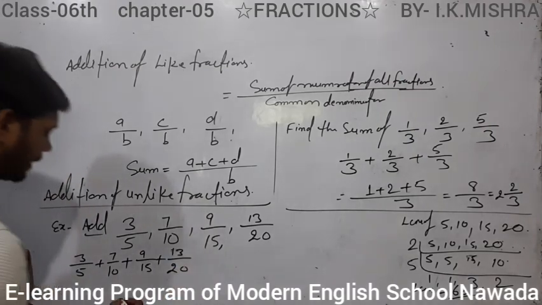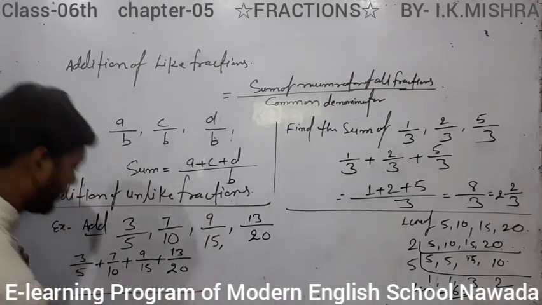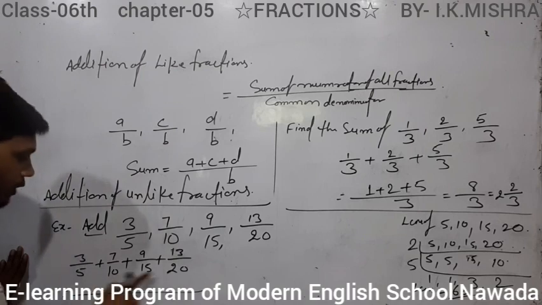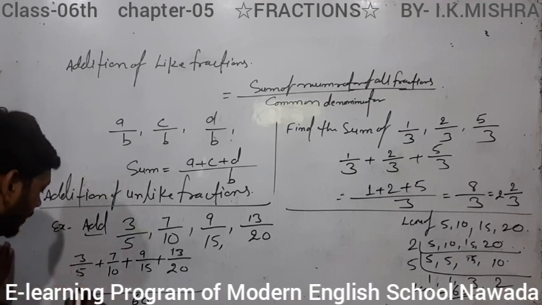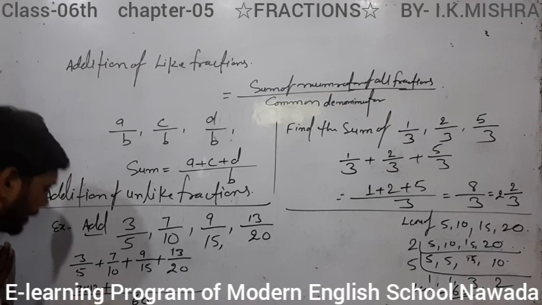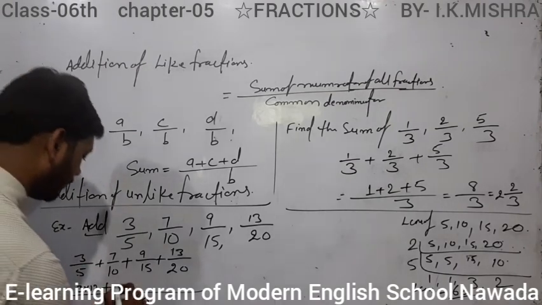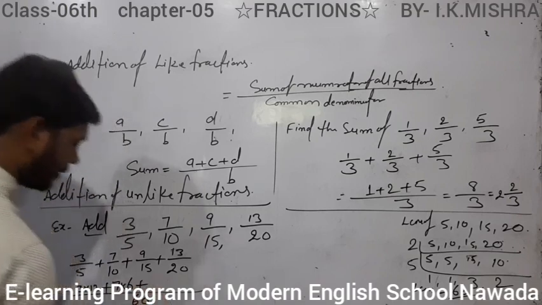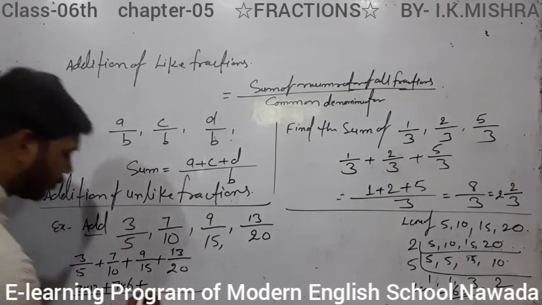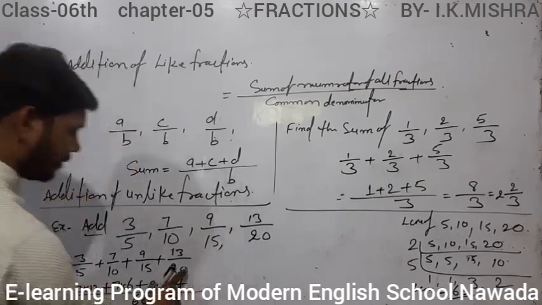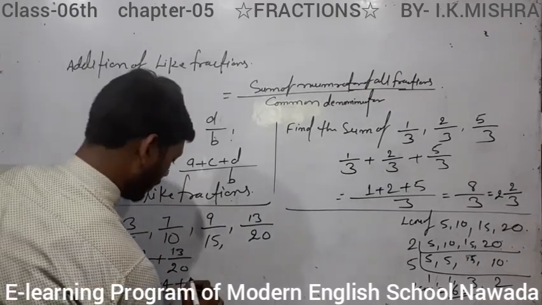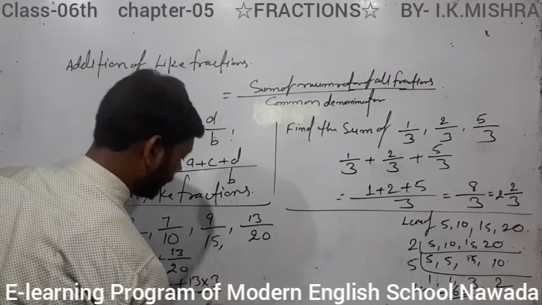First of all write the denominator equal to the LCM. The LCM is 60. Divide 60 by 5, which is 12 times, so 3 into 12, plus 6 times, 7 into 6, plus 4 times, 9 into 4, plus 3 times, 13 into 3.